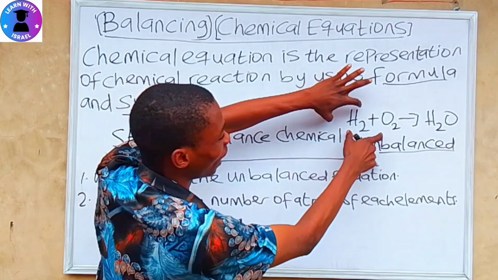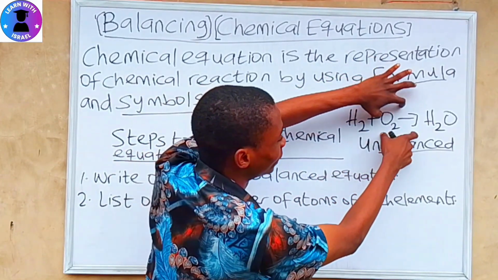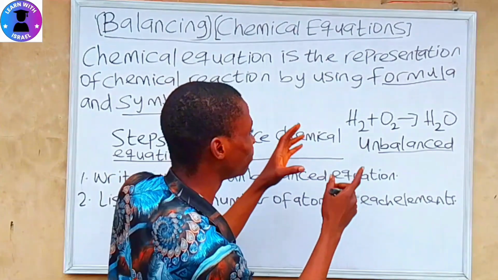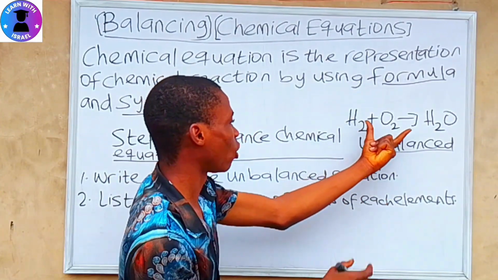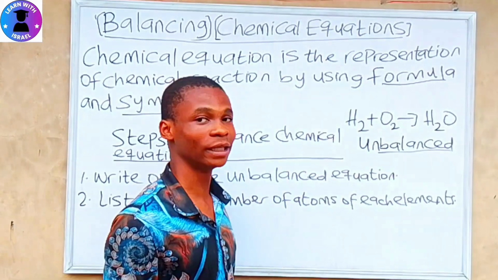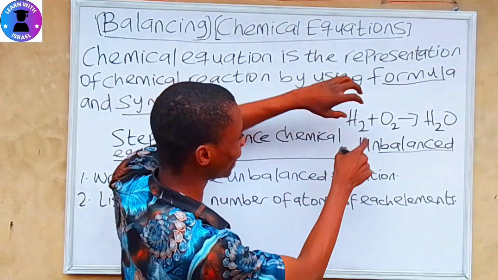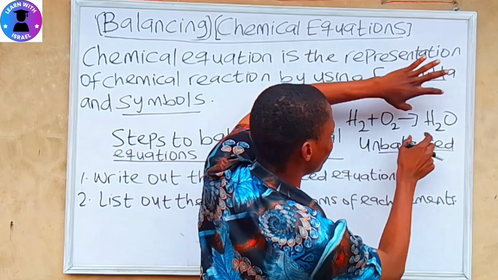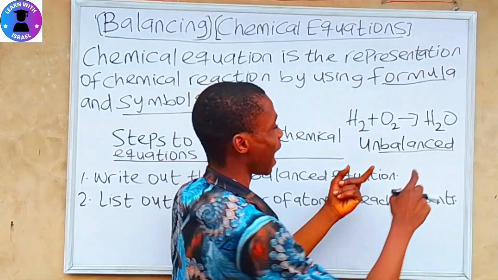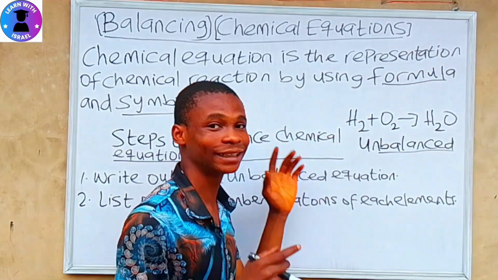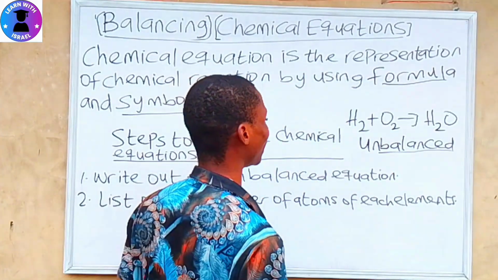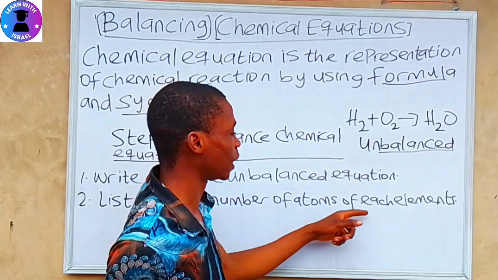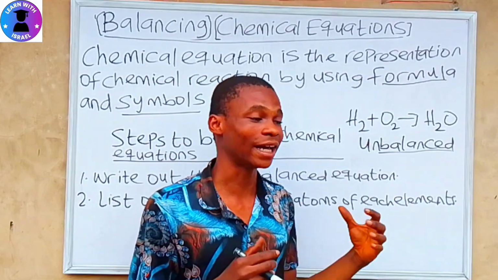When I wrote out this unbalanced equation, I next explained the number of atoms of each element. I may not have listed it out, but I explained that we have 2 hydrogen and 2 oxygen on the left, and 2 hydrogen and 1 oxygen on the right. By doing that, I listed out the number of atoms of each element.